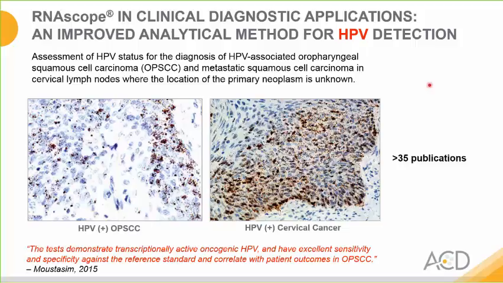Numerous studies have shown a difference in the behavior and aggressiveness of HPV-related oropharyngeal carcinomas versus non-HPV-related tumors, which are typically thought to be related to smoking and alcohol exposure. Because the HPV-related cancers are less aggressive, the clinicians like to know this information so that they can provide potentially less intensive treatment regimens for the patients, as well as provide the patients feedback that their tumors are likely to behave better. In other words, that they'll have a better prognosis.